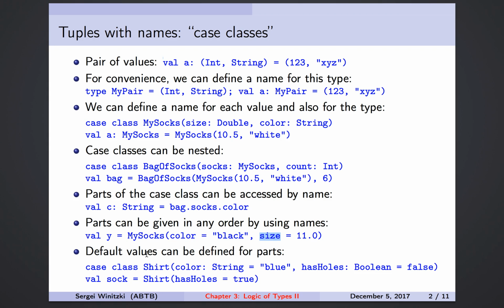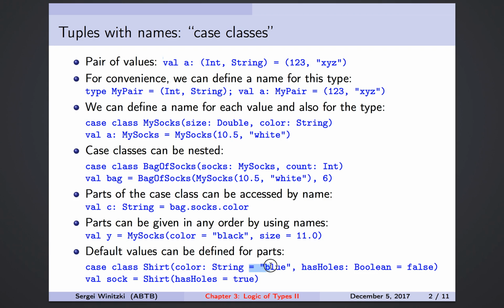The final convenience is that I can specify default values for parts. For example, by default, all my shirts are blue, and by default, none of them have holes. So I define this case class Shirt with 2 parts, which are a String and a Boolean. The first part is called color, and the second is called hasHoles.